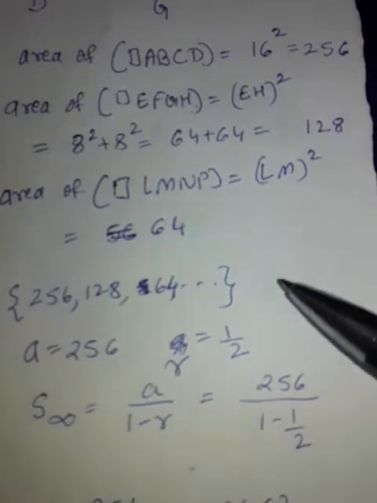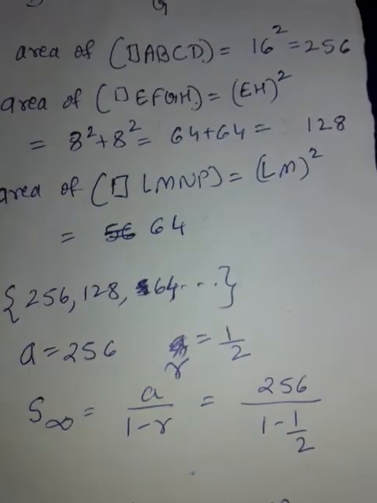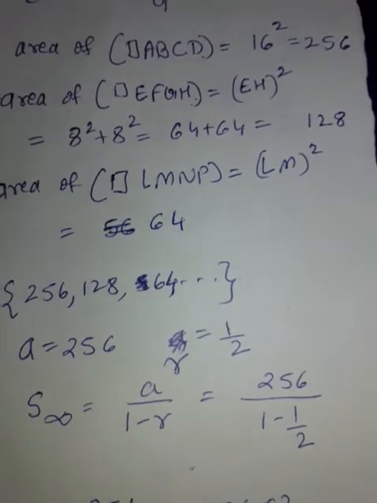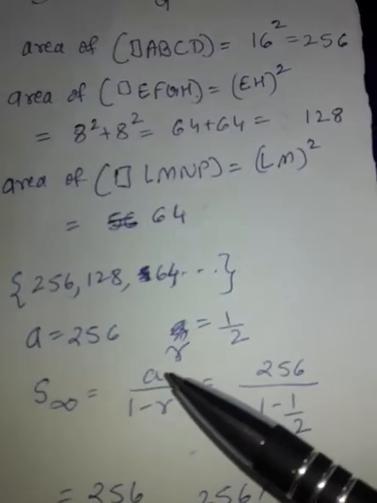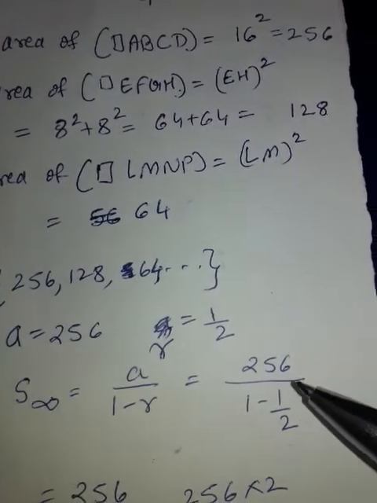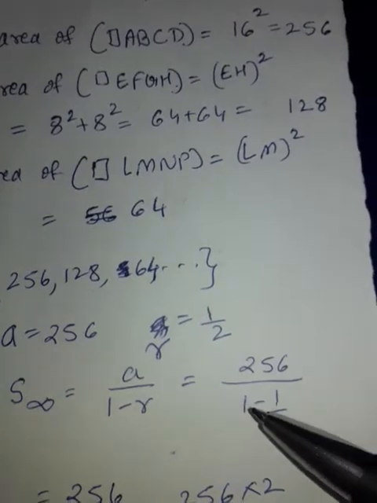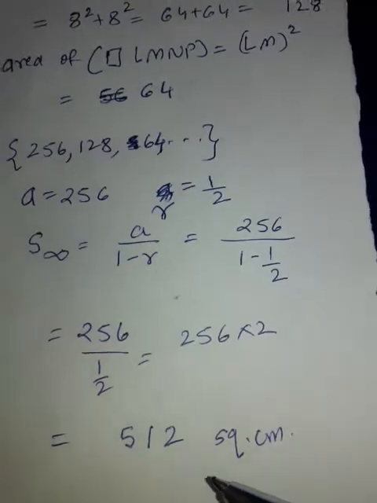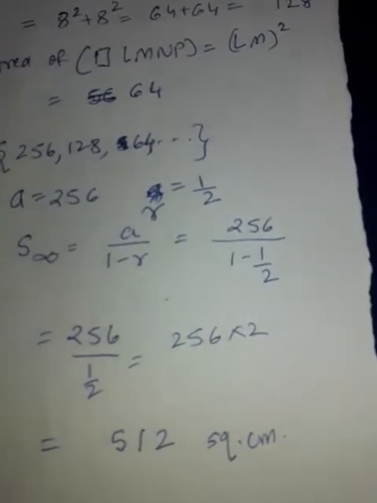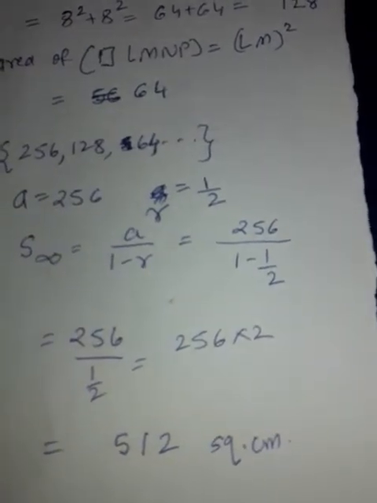And these are infinite because in the question itself they have said that there are an infinite number of squares. So I want S infinity. The formula is A upon 1 minus R. So 256 upon 1 minus half, that is 256 into 2, that is 512. So my answer is 512.